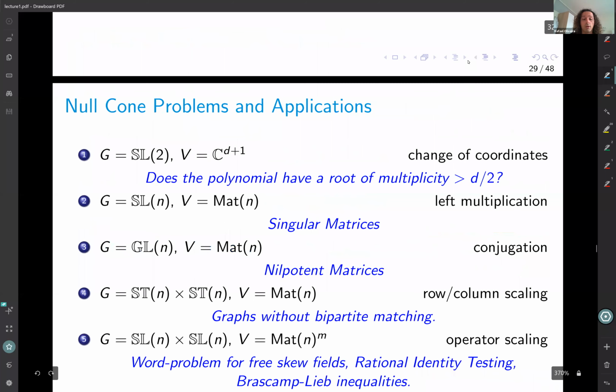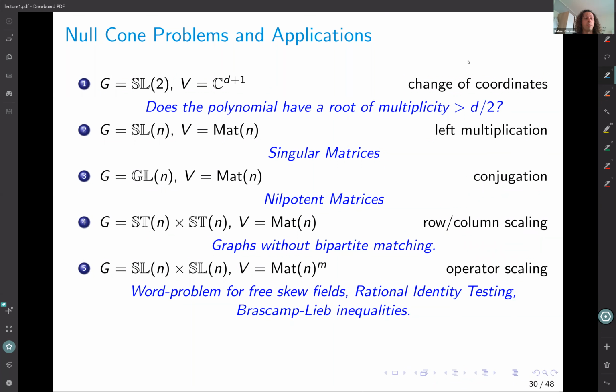And now, one other problem that has a lot more applications as well is operator scaling.